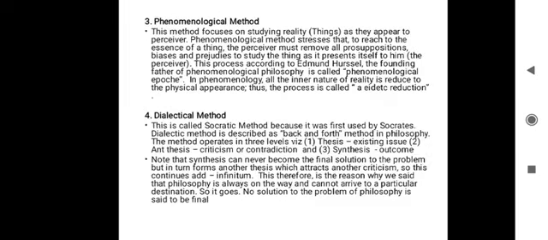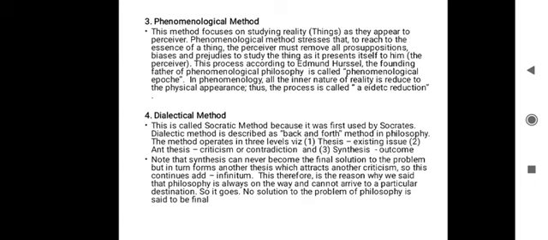The third one is the phenomenological method. This method focuses on studying reality, that is, things as they appear to the perceiver. Phenomenological method stresses that to reach the essence of a thing, the perceiver must remove all presuppositions, biases, and prejudices to study the thing as it presents itself to him.